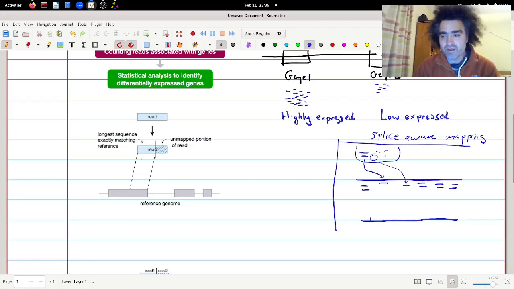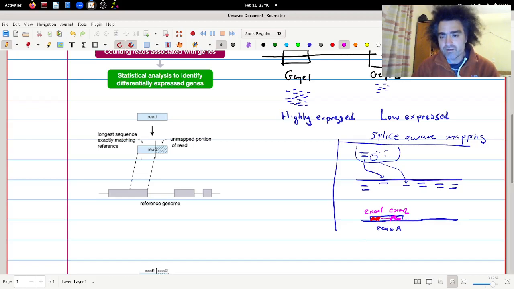Imagine that you have a gene here, and this gene A is comprised of two exons, exon 1 and exon 2. So this is exon and this exon, this one and this two, and this in the middle is an intron.